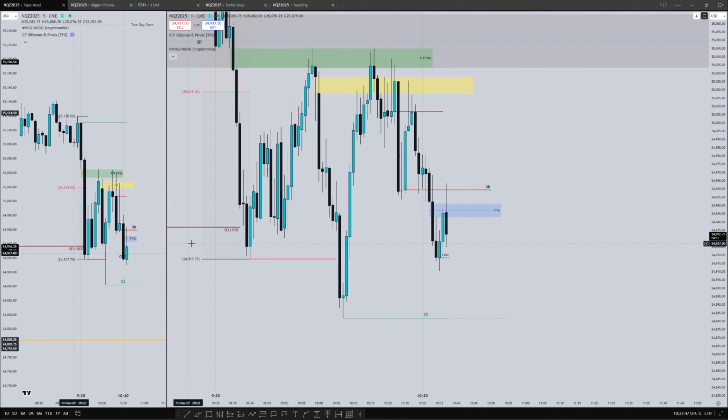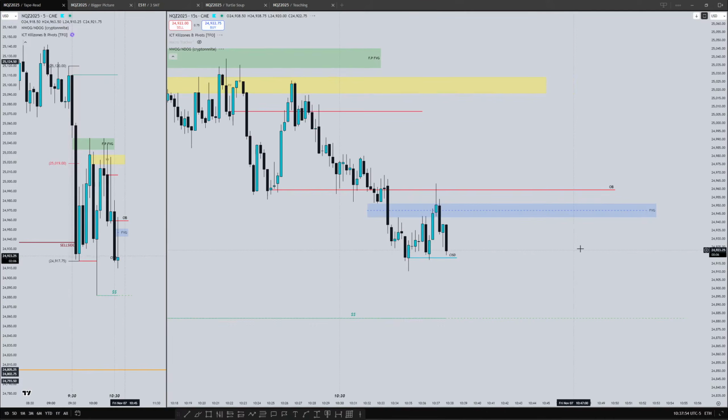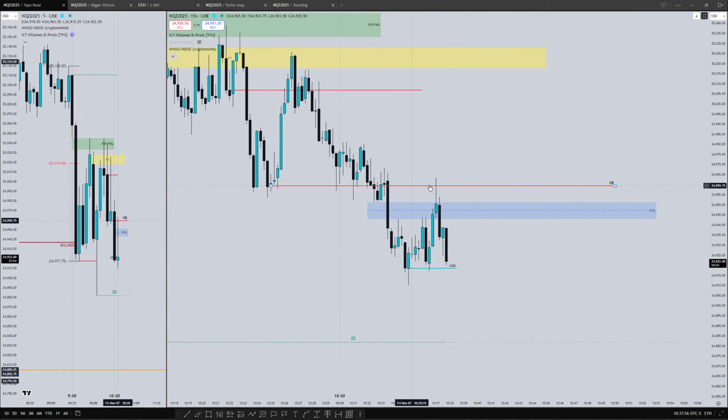So these are our areas of interest. You can see the nice reaction you get off of the order block here with a gap. Now you have change in state of delivery.